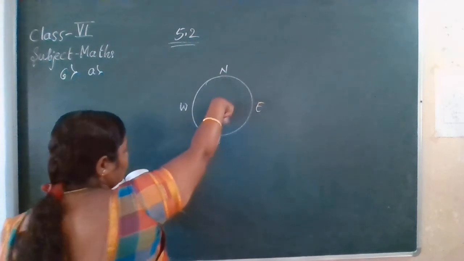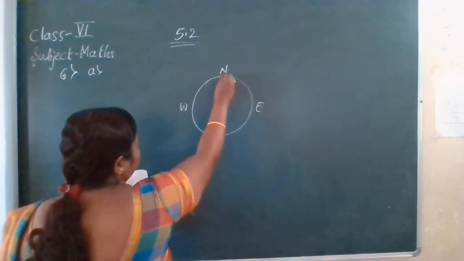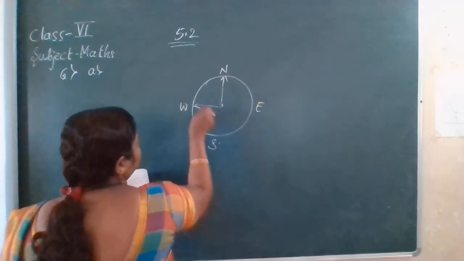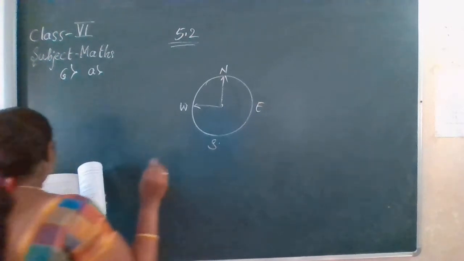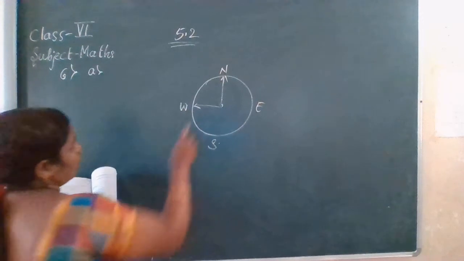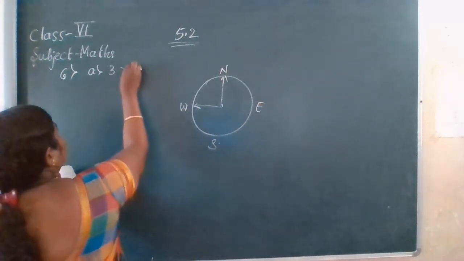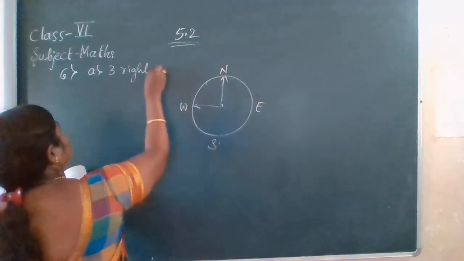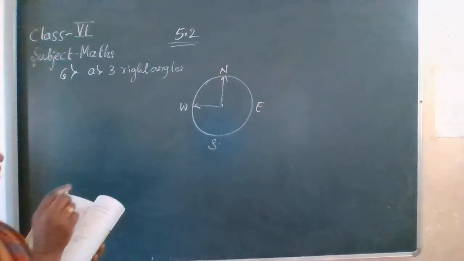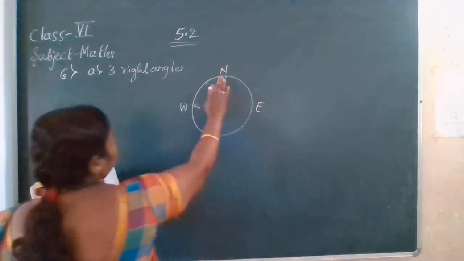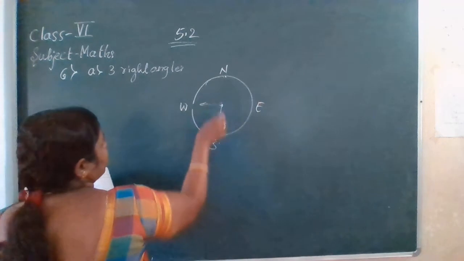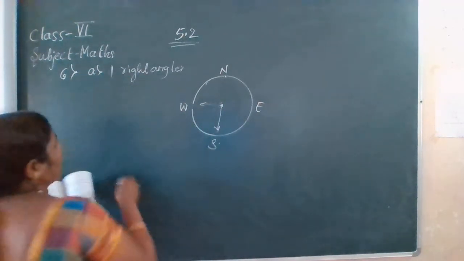So one right angle, two right angles, three right angles. First facing south, it has come to west. How many? Three right angles. Sorry, it is in south, not north. Clockwise, it has come here, just one right angle.